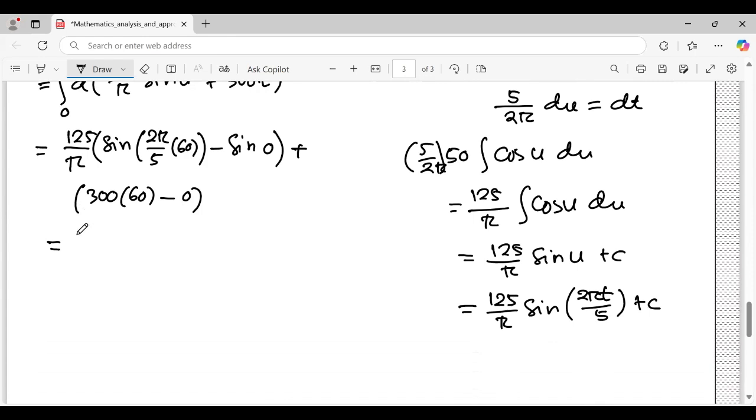So it becomes 125 over pi sine 24 pi, and sine 0 is 0, plus 18,000, because 60 times 300 is 18,000.